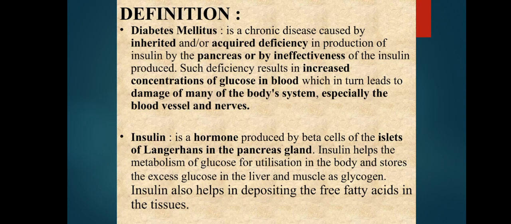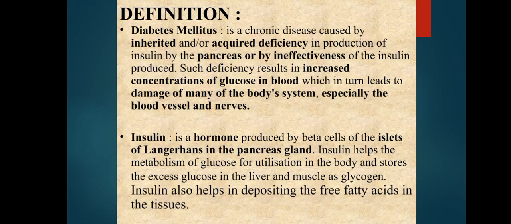So, diabetes mellitus is a condition in which the pancreas is unable to produce insulin. We will discuss insulin production in other slides, so we will focus on the definition of diabetes mellitus in this slide.